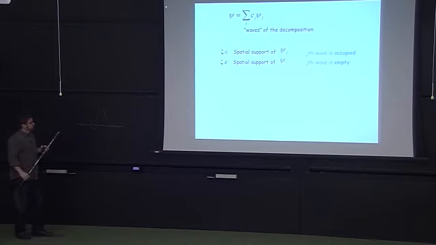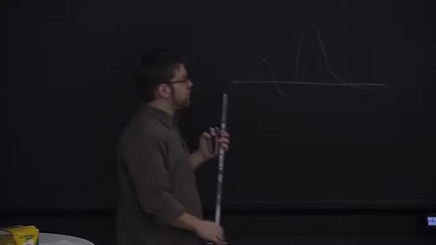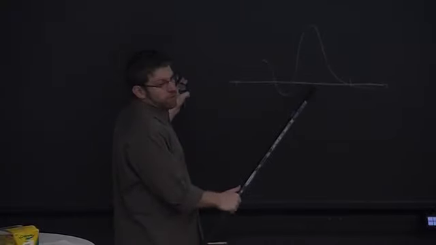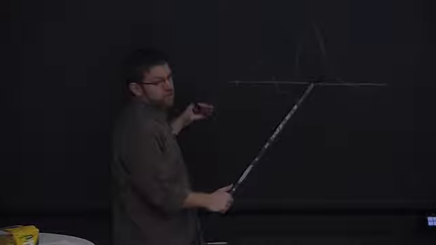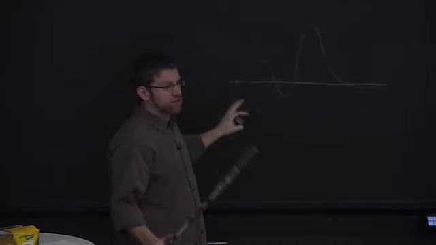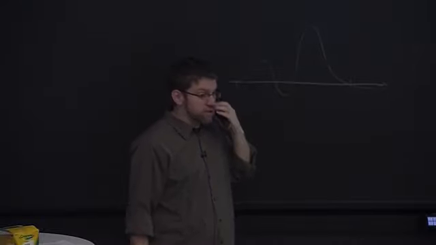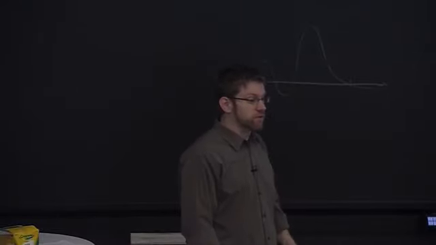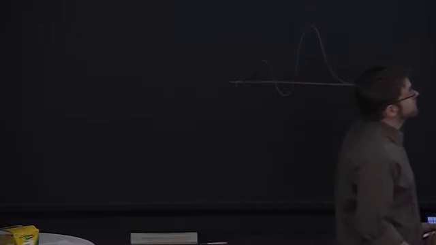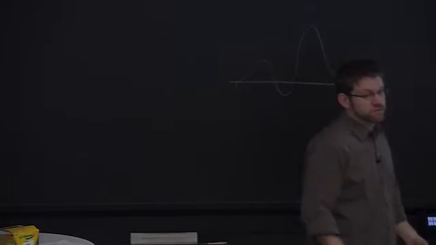Say you drew the 17th excited state of a harmonic oscillator potential. Well, it's going to have some region where that wave function is appreciably different from 0, and the rest it's going to be close to 0. And it's just the region where it's appreciably different from 0 that I describe as the spatial support of that wave function. You'll see why this is a relevant distinction soon.